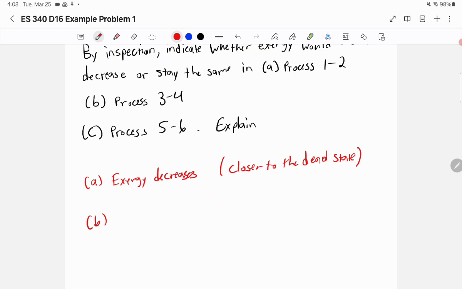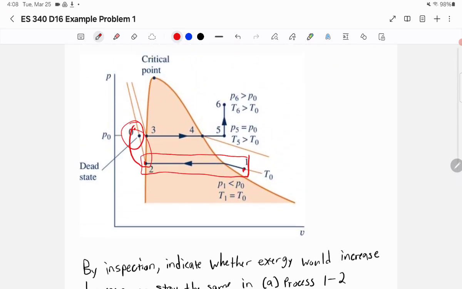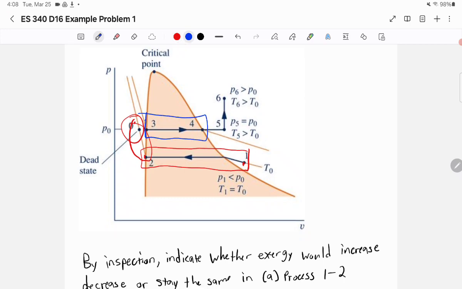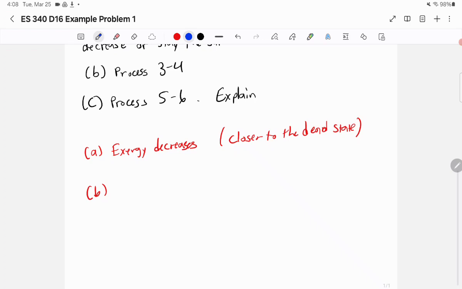For part B, we're going from 3 to 4 here. Maybe I'll erase that and highlight it in blue. The exergy increases because it's further from the dead state.